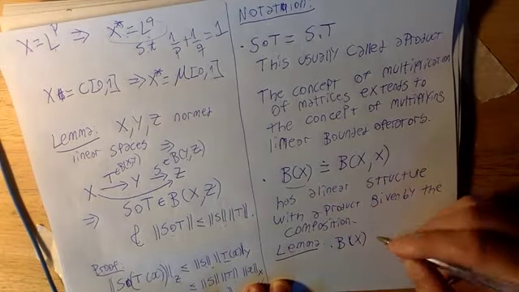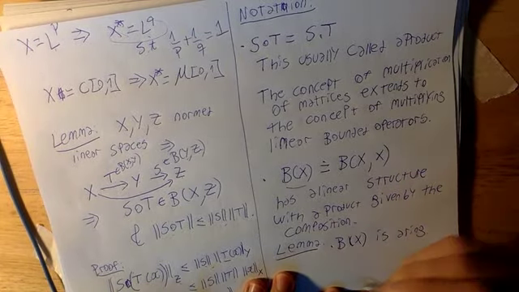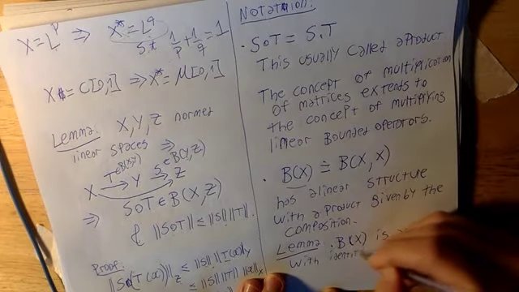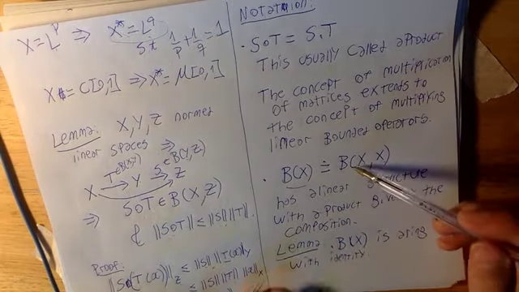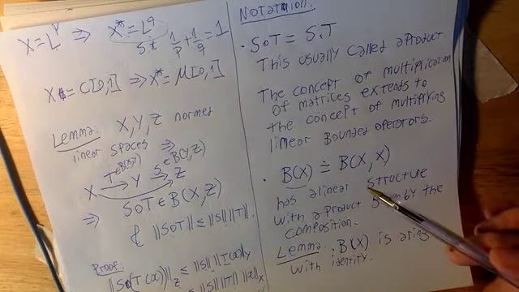B(X) is a ring with identity. Okay, so the identity on B(X) is just the linear operator that takes x onto x.